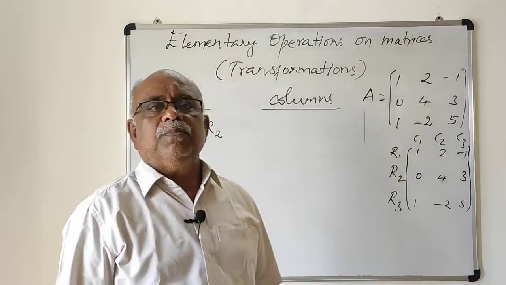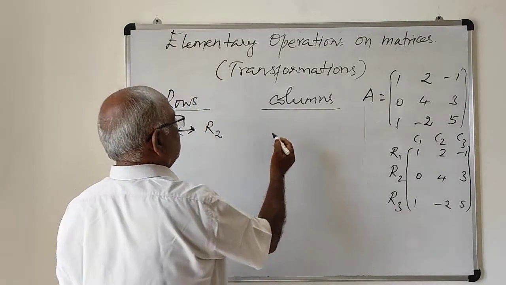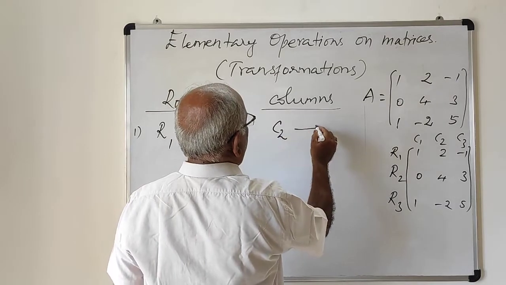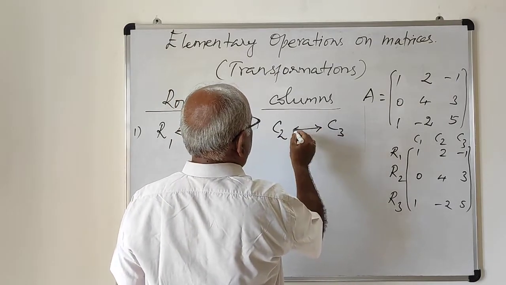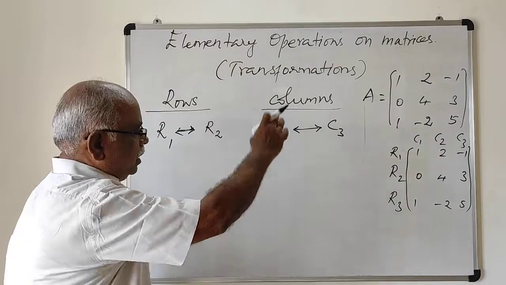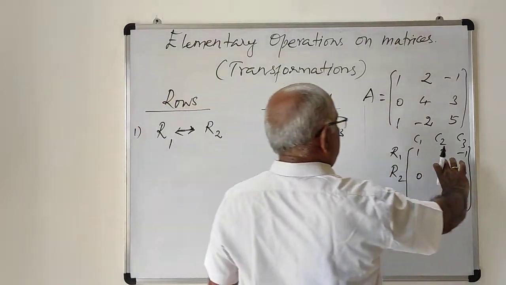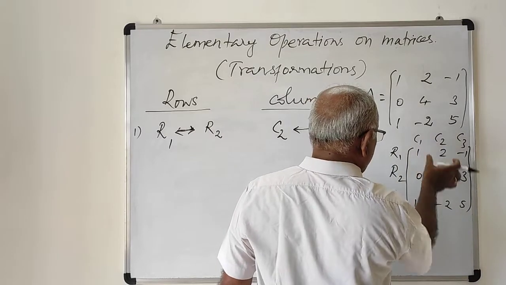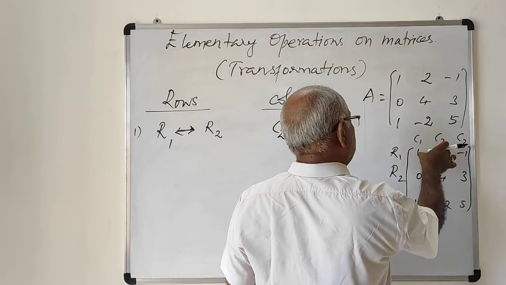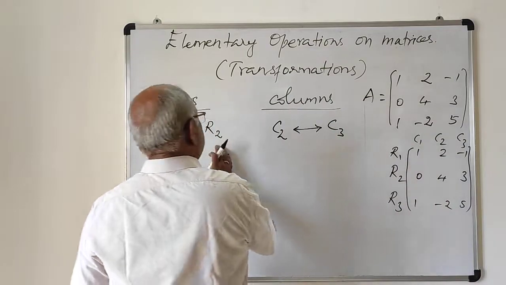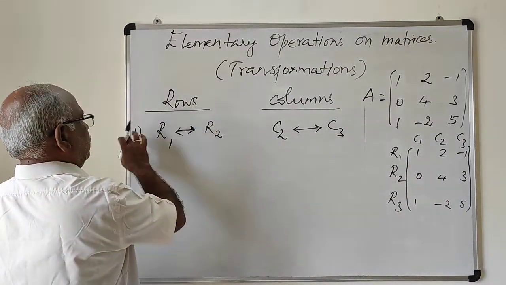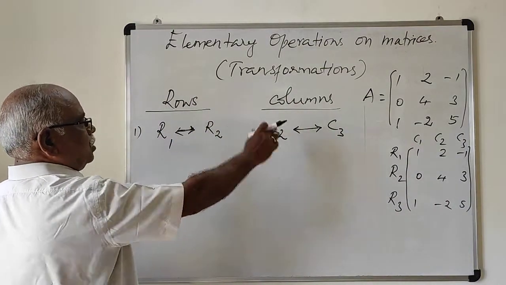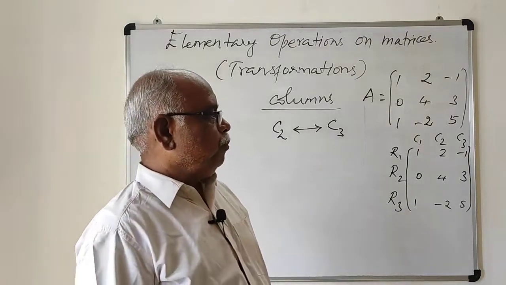For columns, C2 goes to C3 and C3 goes to C2. C2 and C3, these 2 are interchanged. Like that, the first set is any 2 rows or columns are interchanged.